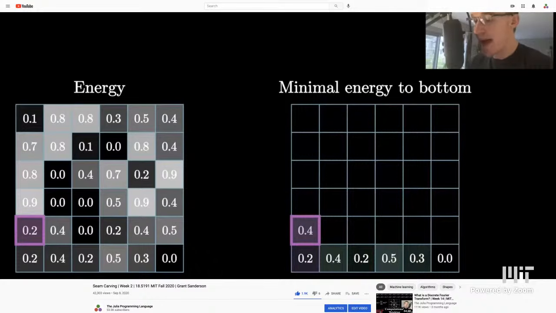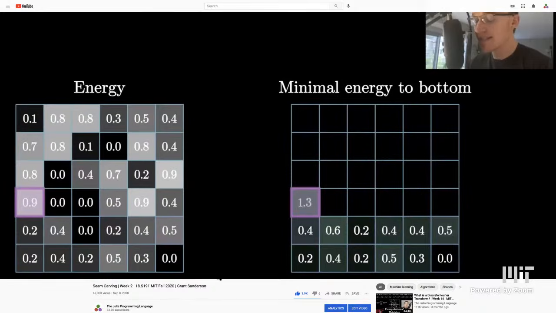And then I'm going to add the new energy of the new pixel that I'm on plus the minimal energy below it. So maybe I'll scoot over to a more interesting example like this one, where it's got 3 possible energies below it, 0.2, 0.5, and 0.3. Obviously, the step that it would choose to take is to get to that 0.2, and to get the new cumulative energy, we take the energy of that corresponding pixel, which is 0.2, and that gives us that 0.4. And so that's how we fill out that row.